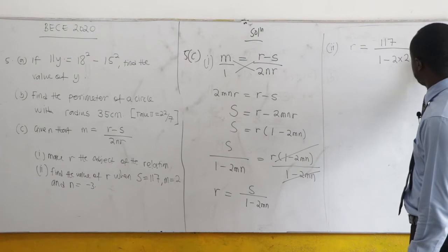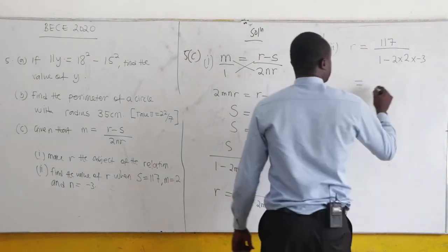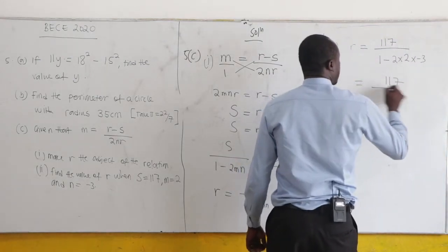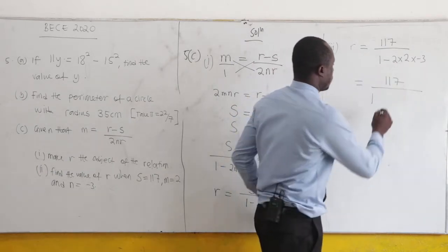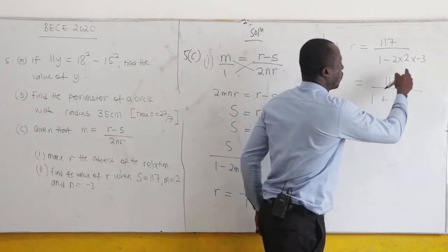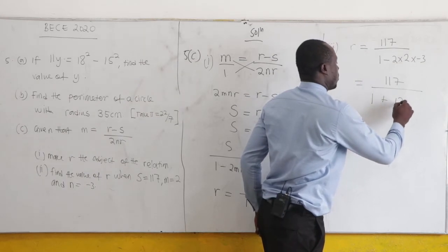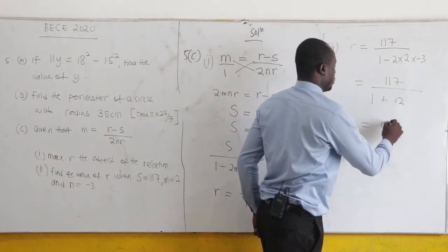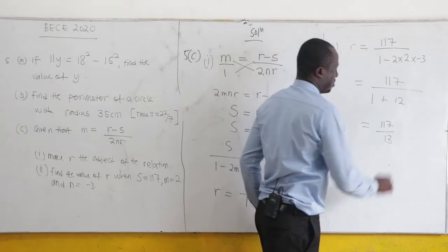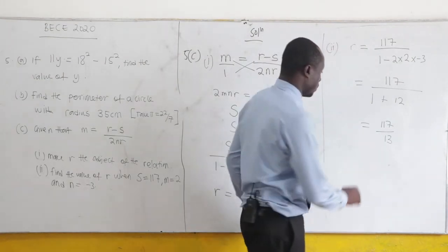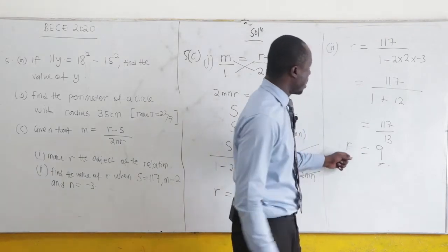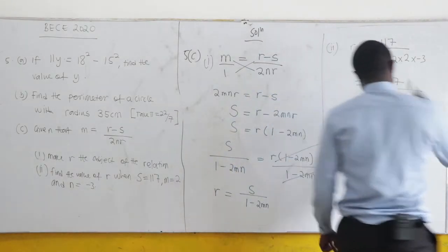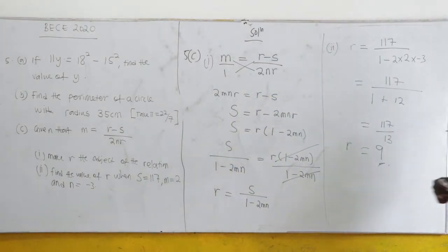What is our N? Negative 3. The 117 all over 1. Now let's see, negative times negative, that's positive. So plus 2 times 2, 4, 4 times 3, we have 12. So you have 117 all over 13, and 13 will go into 117 nine times. So the value of R when M is 2, N is negative 3 is giving us 9.